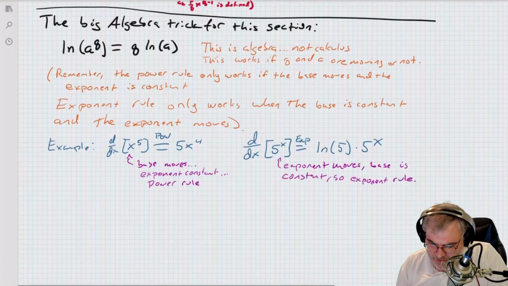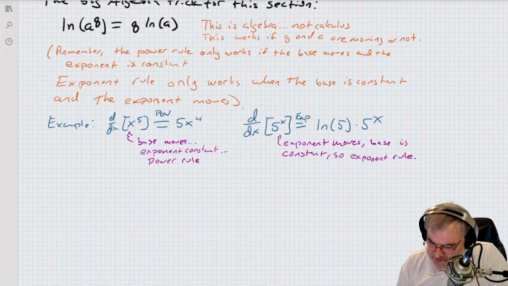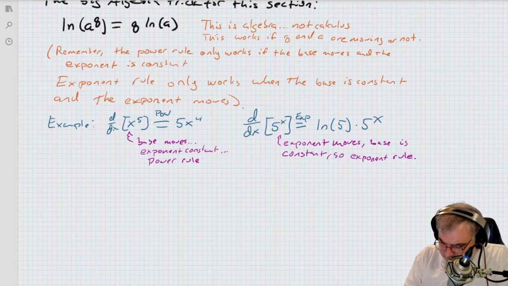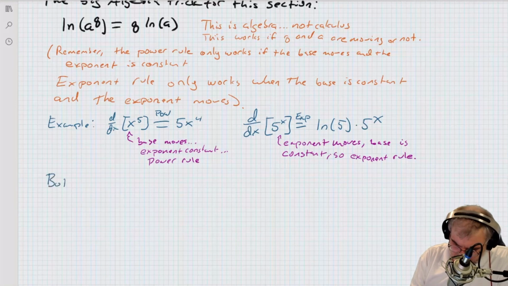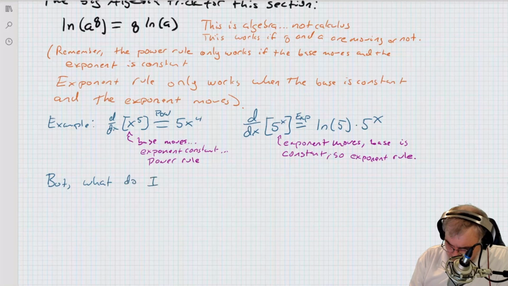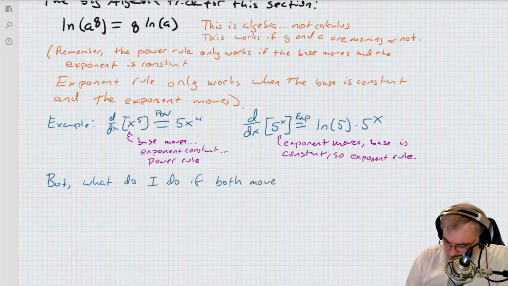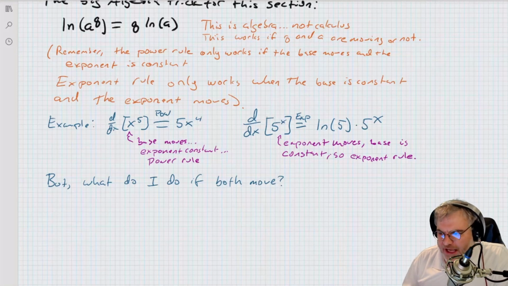But what about this? What do I do if both move? Well, remember, algebra doesn't care.